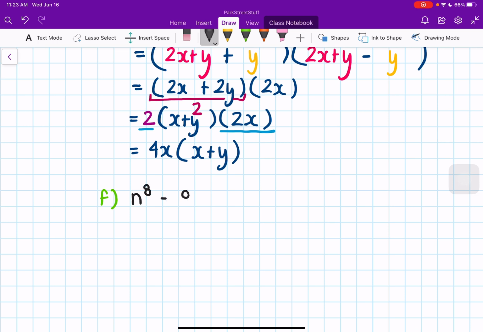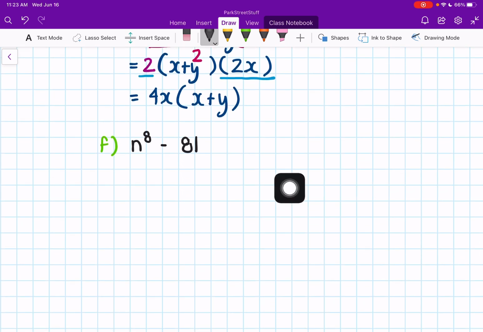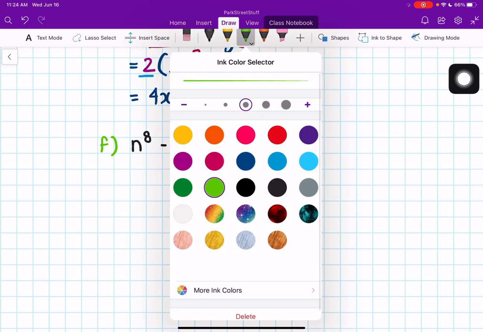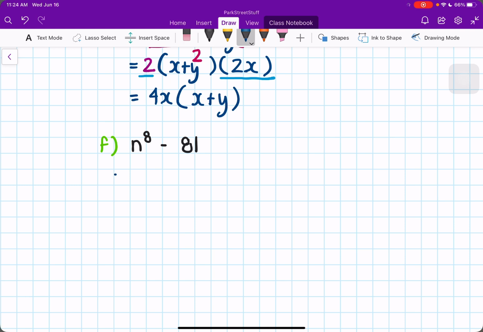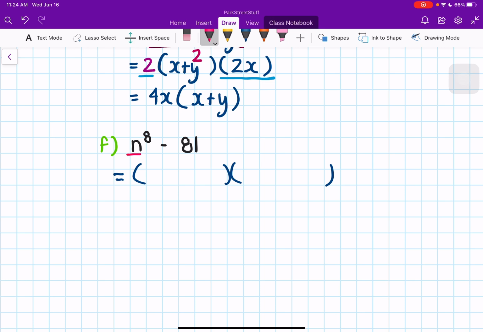And as a final example, I want us to look at this one. We can see that n has an even power, so we know that we can factor that as a difference of squares. So we're going to get 2 brackets. And our first term, which is n to the power 8, so when we take the square root, we just divide the powers.